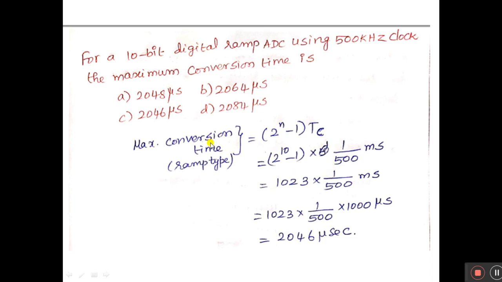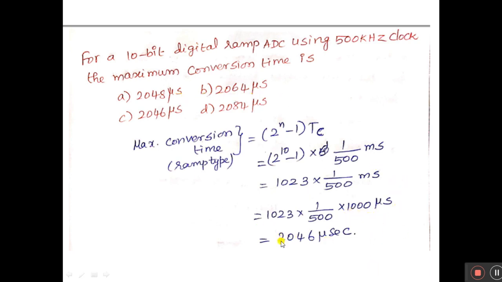So here the frequency is given, 500 kilohertz. Here the t value, time, is needed. So I can put 1 by 500 millisecond, since kilohertz makes this kilo become millisecond. So 2 power n is 2 power 10 minus 1, so 1023 into 1 by 500 millisecond. But the answer is in terms of microsecond, so I multiply by 1000.